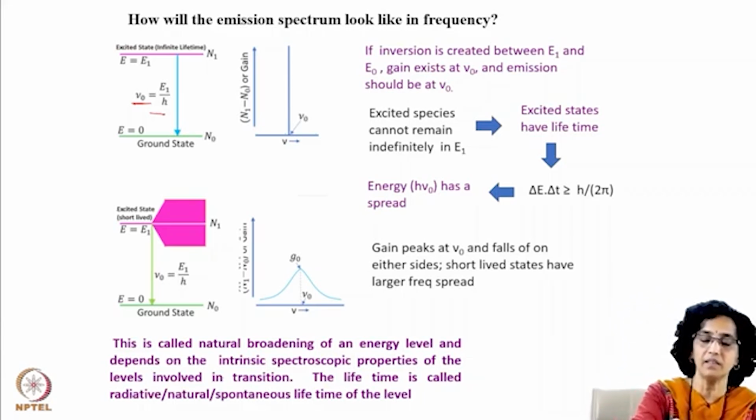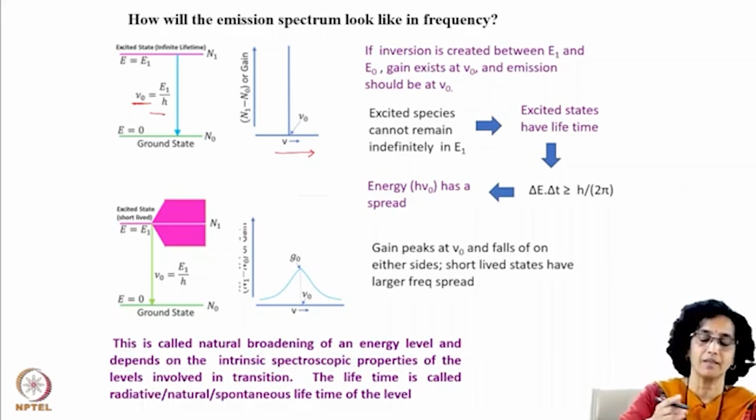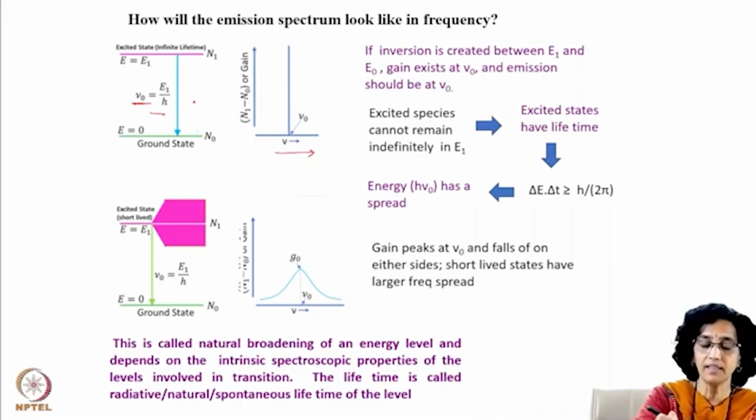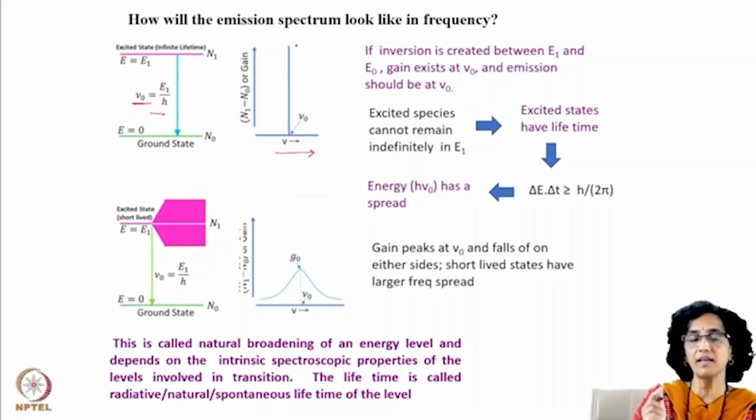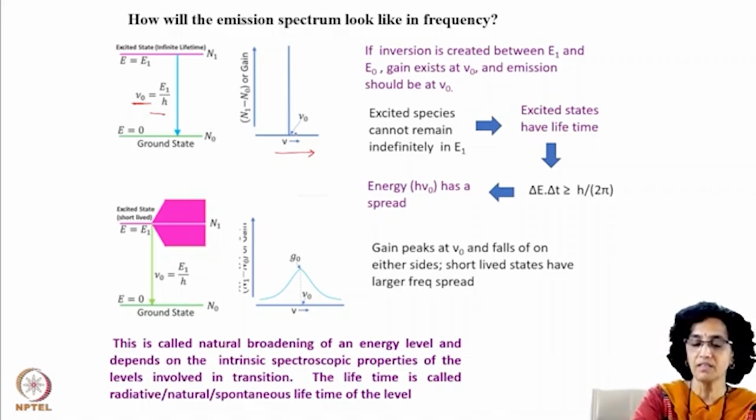It is basically the intensity or the number of photons coming as a function of frequency. So when we see that, what would you expect? The difference is delta E, and mu 0 is delta E by h. So then you would expect that you would get a single frequency emission. So it should be just a line at mu 0.